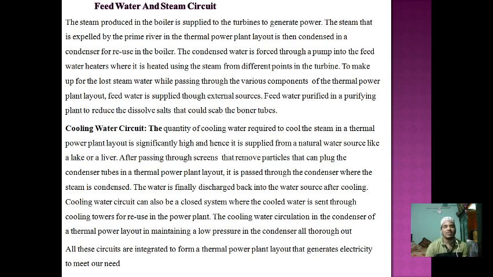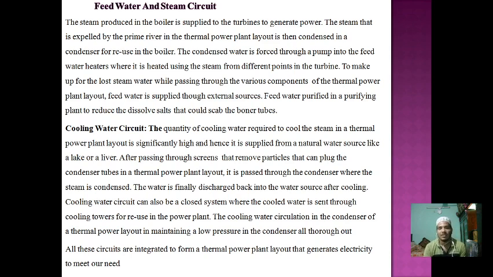The waste steam will be reused to conduct the same process.